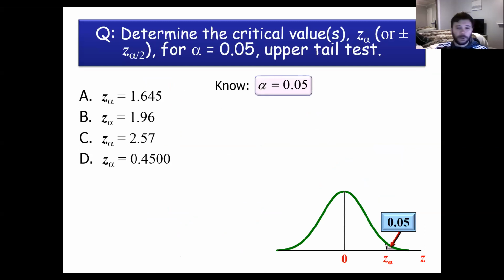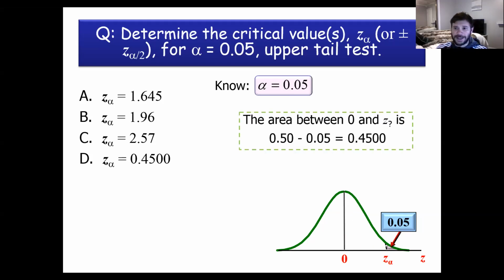Now remember, we're going to use our standard normal table to help us figure this out. The standard normal table does not give us that upper tail probability, but it does give us the probability in this region between 0 and Z, which we can easily calculate has to be 0.45. We take 1/2 minus that 5% upper tail. That leaves us with the probability of 0.45.